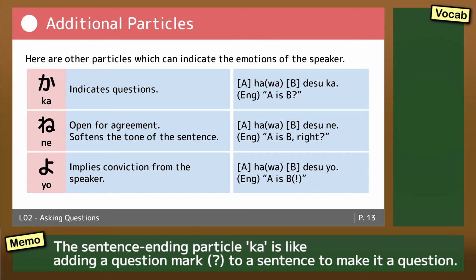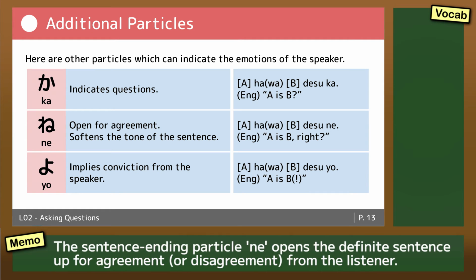Ka is added to the end of sentences to indicate that it is a question. It can be literally translated to the question mark, as in, is this your book? Ne is added to the end of sentences to imply that the speaker is open to agreement or disagreement from the listener.